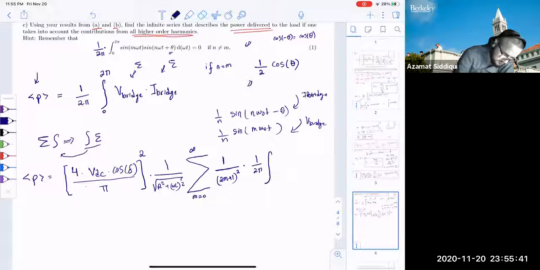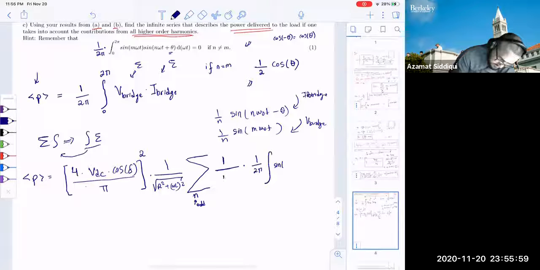Let me replace this with n because I don't have a lot of space. Just remember n is always odd.